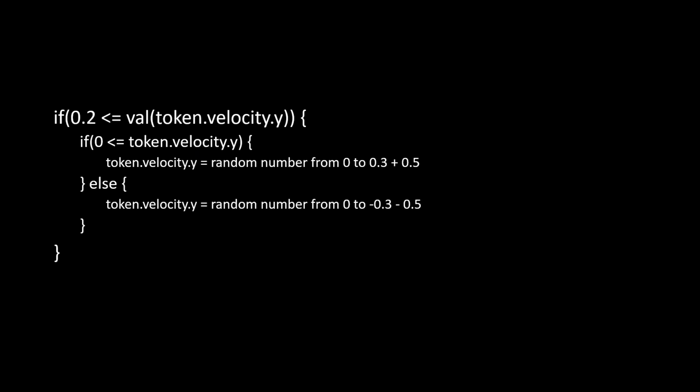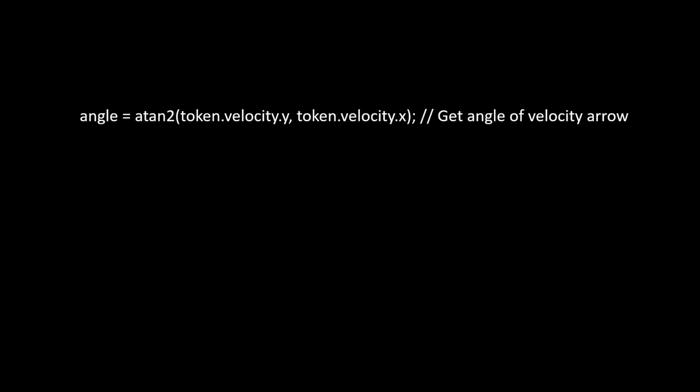There's one thing to keep in mind. They would mess with the speed of the token, and the game doesn't want the speed of a token to change. And to make sure that the speed of a token does indeed stay the same, the game will first of all calculate the new angle that our token is traveling at. This is done with the atan2 function.